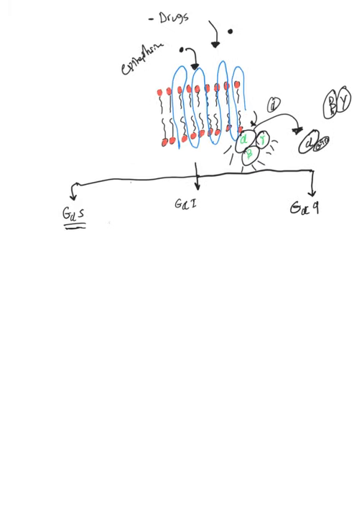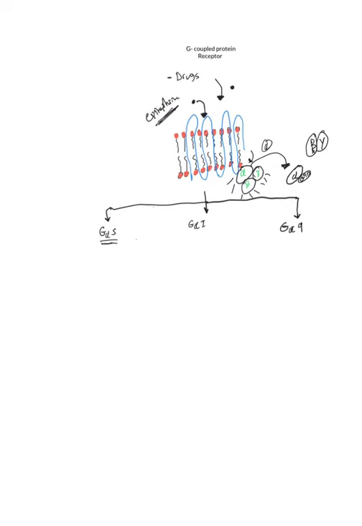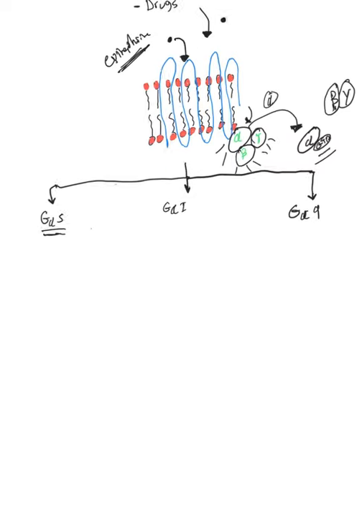So a ligand comes and binds to the G coupled protein receptor, and this leads to the binding of the alpha subunit with GTP, and eventually the alpha subunit will dissociate from the beta and gamma subunits.